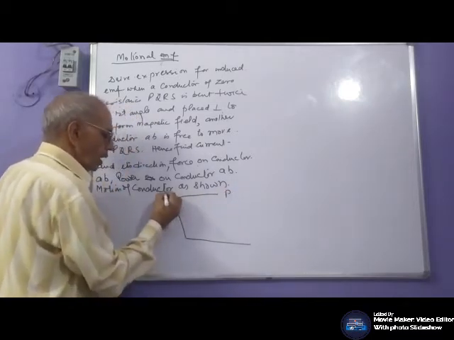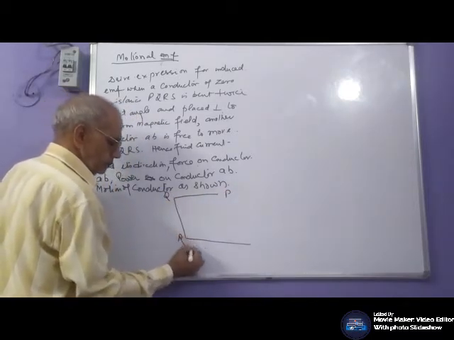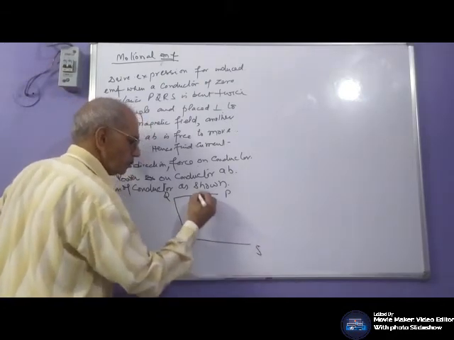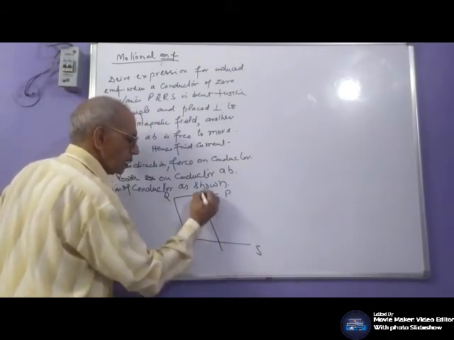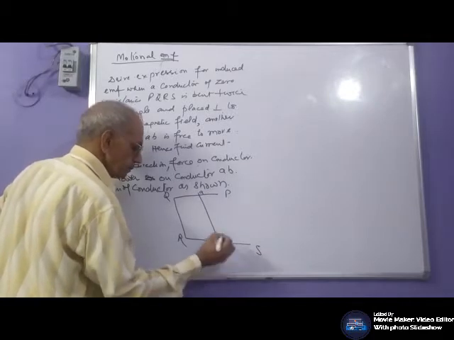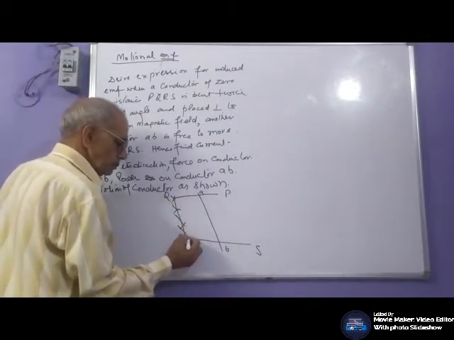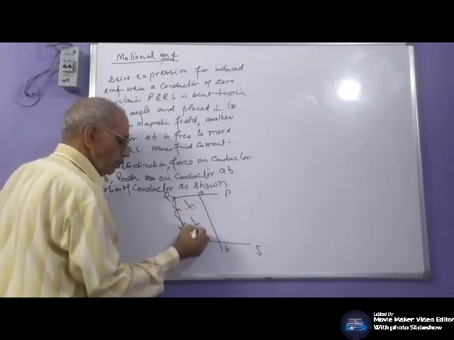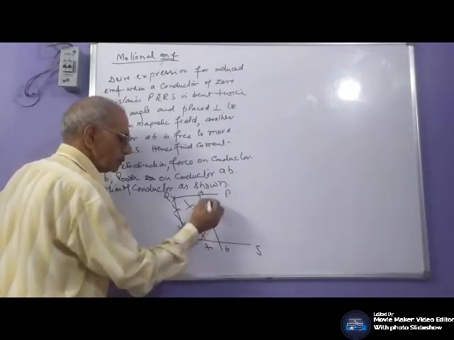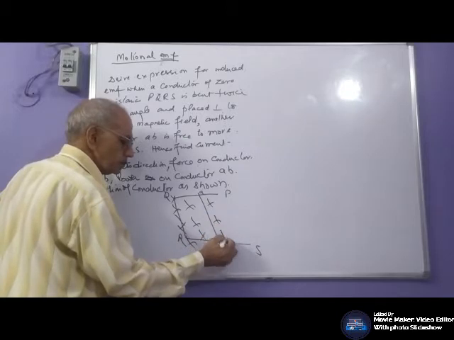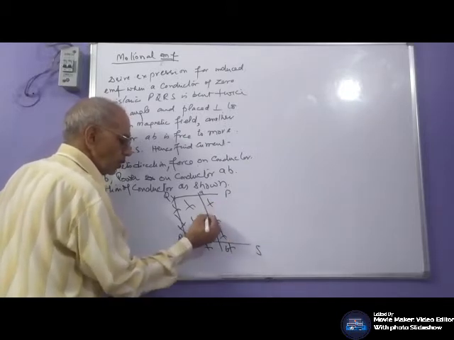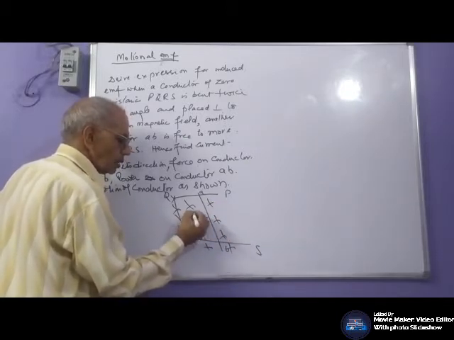This is PQRS conductor. This is another conductor AB. It is placed in uniform magnetic field and motion of conductor is this.